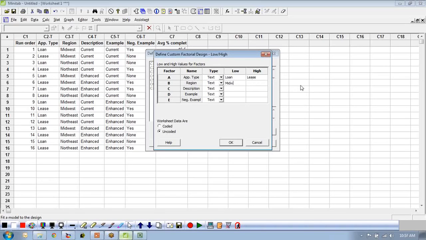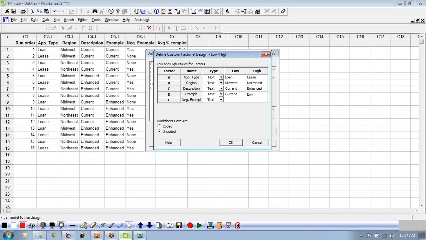Region would be, low would be Midwest. High would be Northeast. Description, low would be current. High would be enhanced. I want to spell it correctly. I want to use the same spelling that's in the file. Example would be current.